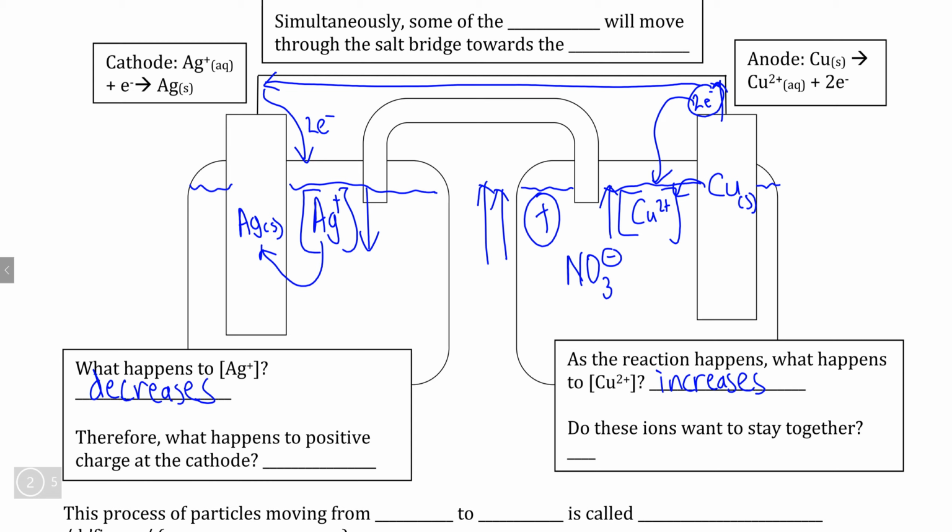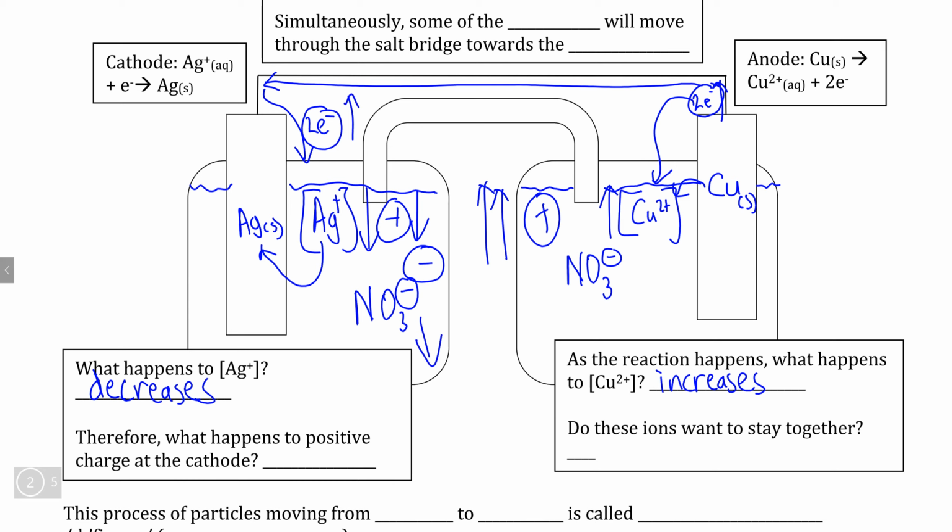Now, remember that our electrolyte also requires negative ions in order to balance the charge, which means as the positive charge of the cathode's electrolyte decreases, because there are fewer silver ions to provide positive charge, our solution is going to become more negative, and the more negative charge we have, the less likely electrons are to migrate to the cathode because the negative charges are going to be repelling each other.